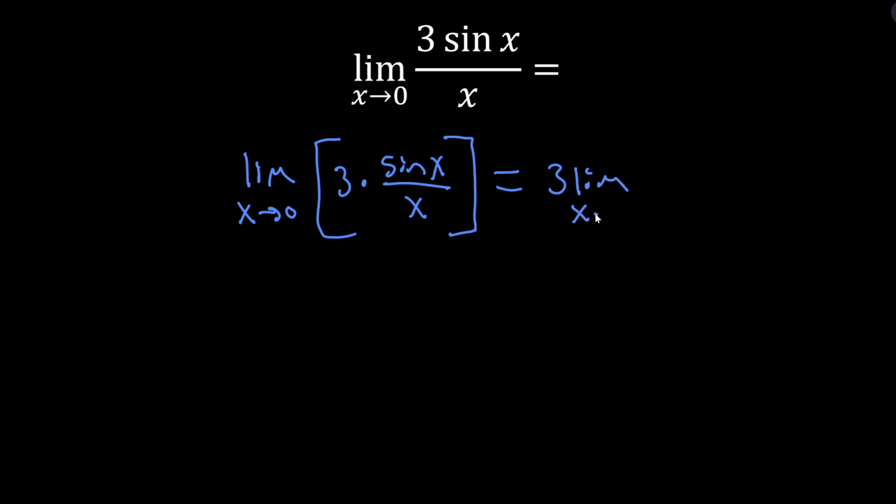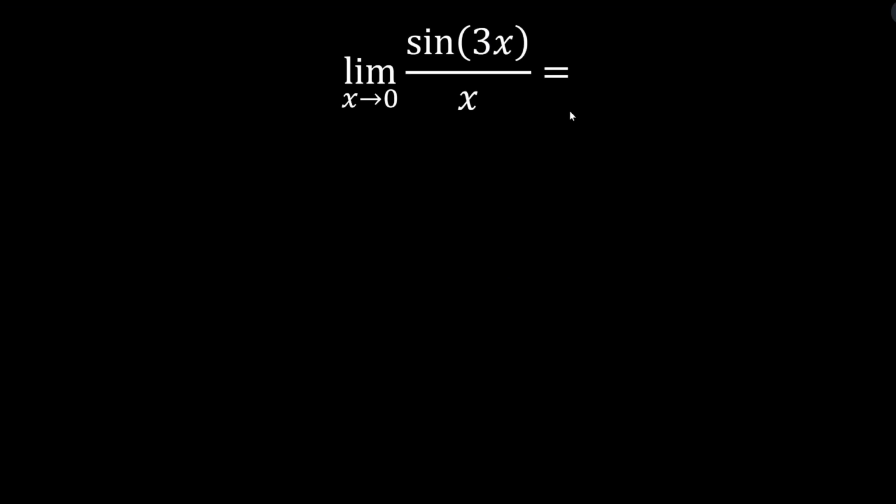So we can pull the constant out in front and multiply it by the limit of the sine of x over x, which we know is 1. And so this entire limit is just 3 times 1, which is 3. Quick maths. Awesome. So we got our limit here.